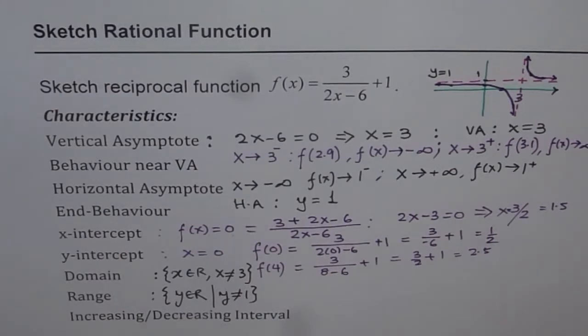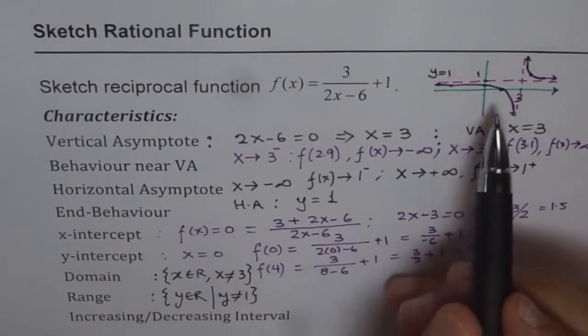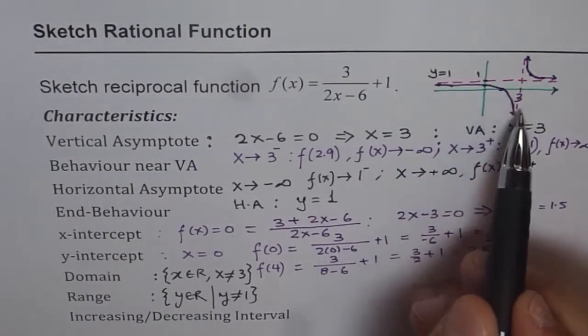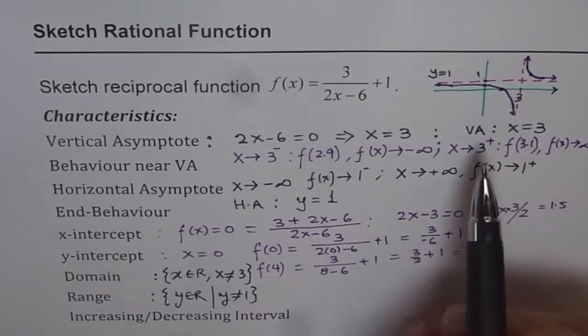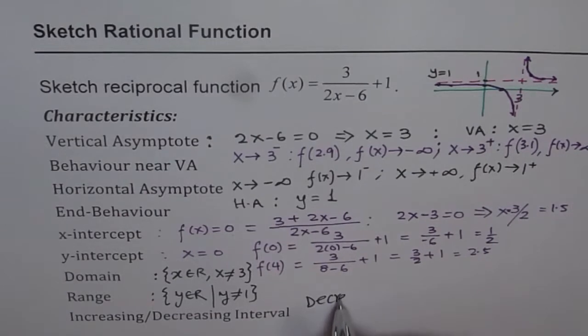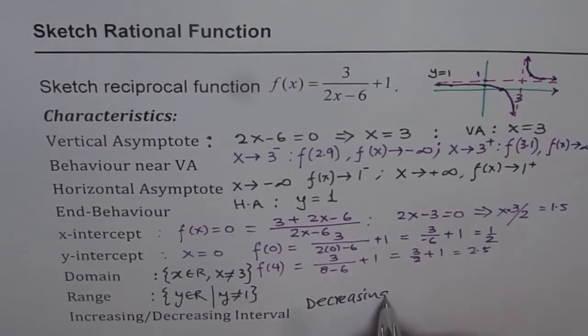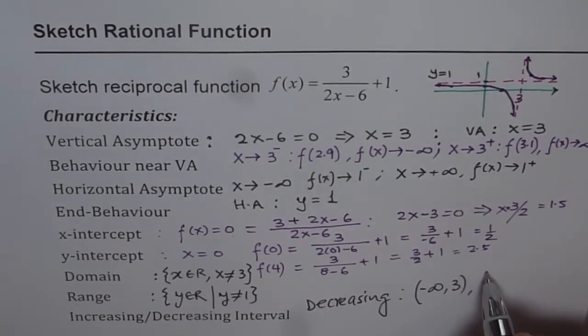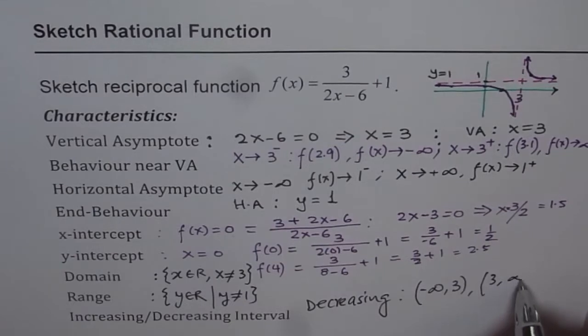How about increasing and decreasing intervals? As you can see, the function decreases as you move from minus infinity towards positive infinity. In between, there's a break. So we find that the function is decreasing, and the decreasing interval is from minus infinity to 3, not including 3 since it's not in the domain, and then from 3 to positive infinity.